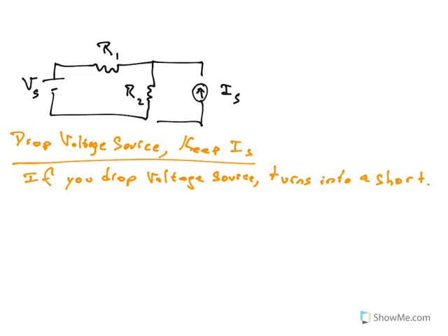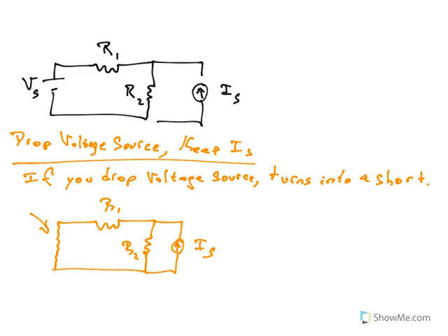And what's a short? A short just means wherever the voltage source was, just make it a wire. Okay? So, if I were to do that for this example circuit, R1 is still there, R2 is still there, the current source is still here. And now, where the voltage source was, it's now just wire.